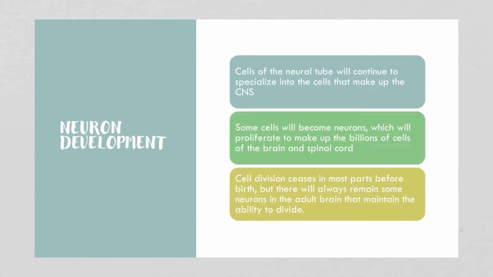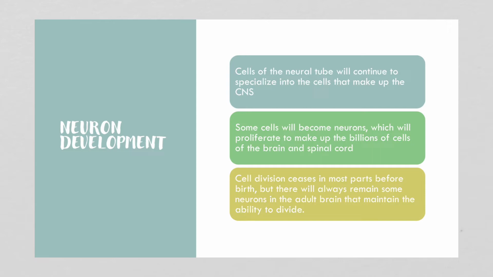Neuron development. So once the neural tube is formed, the cells are continuing to specialize. And they'll specialize into the cells that make up the central nervous system. Some of the cells will become neurons, which proliferate to make up the billions of cells of the brain and the spinal cord.